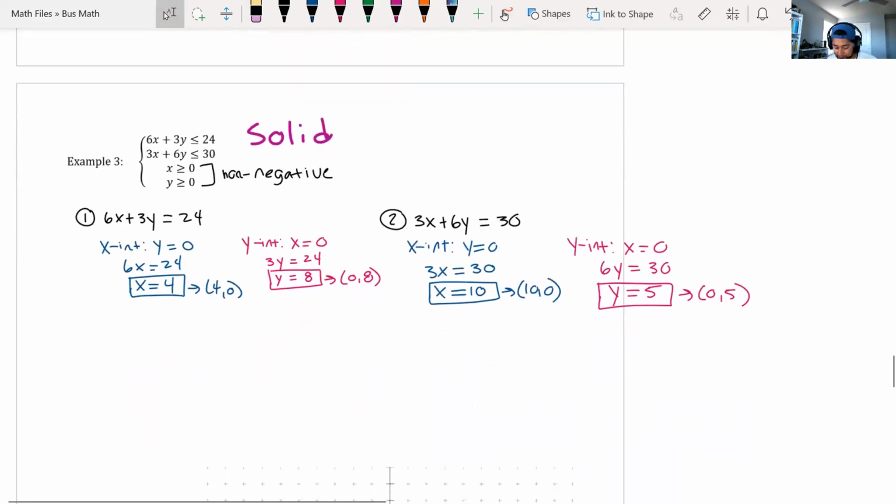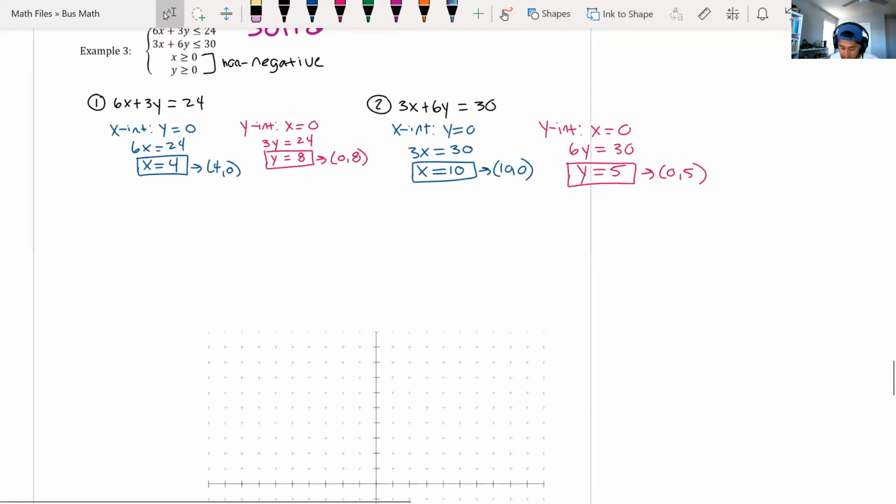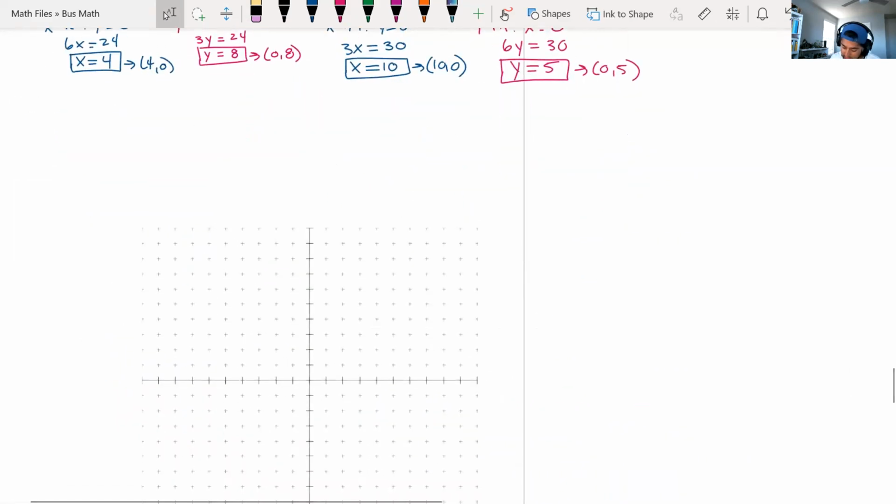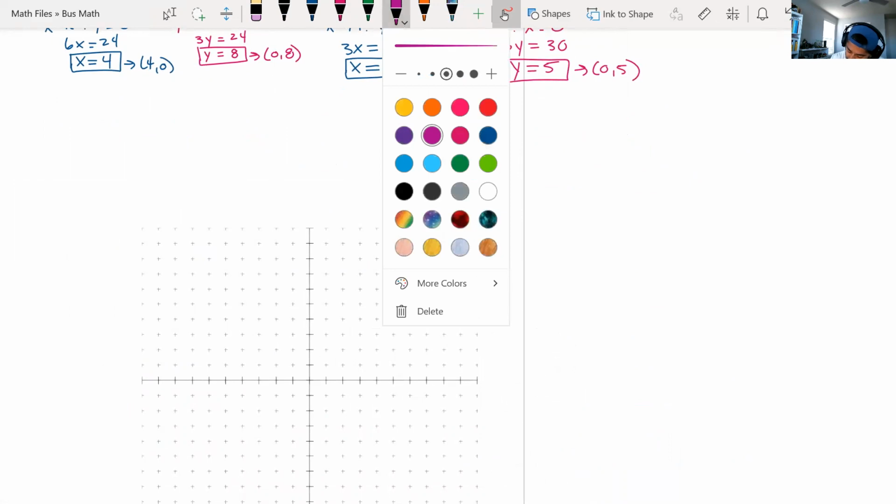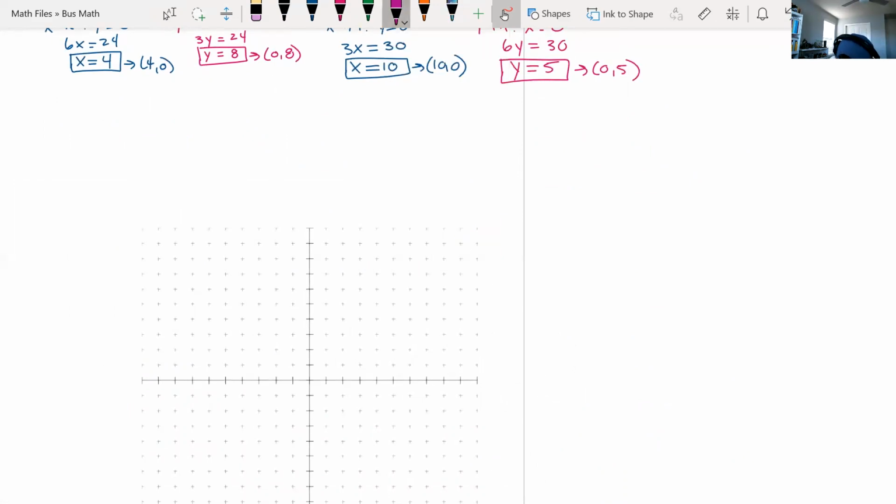Okay, let's graph. 4 and 8. I'll keep these just purple and orange. So 4 and then 8. Solid. And then that's good.